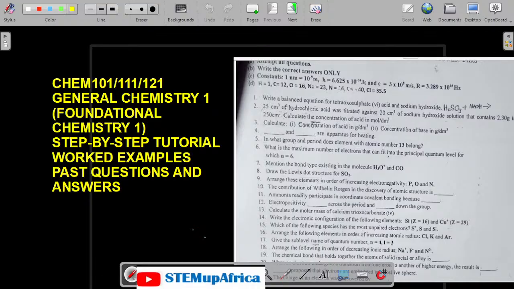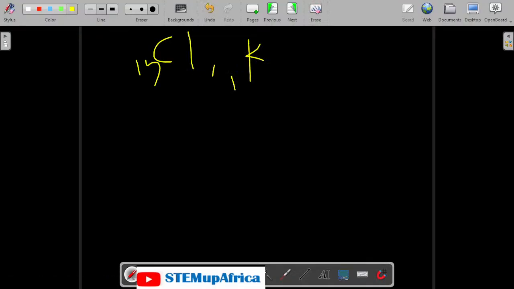Then let's go to question 16. Arrange the following elements in order of increasing atomic radius. We have chlorine, potassium, and argon. Don't forget, chlorine atomic number is 17, potassium is 19, argon is 18.